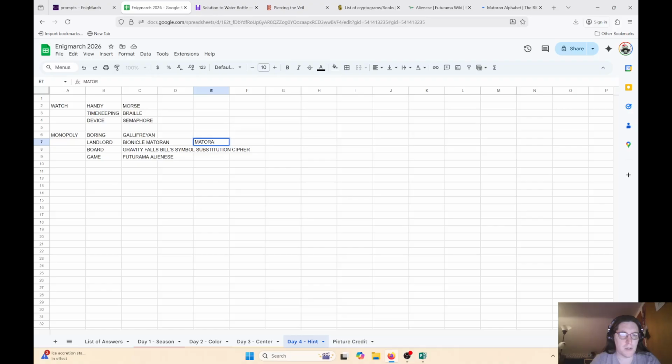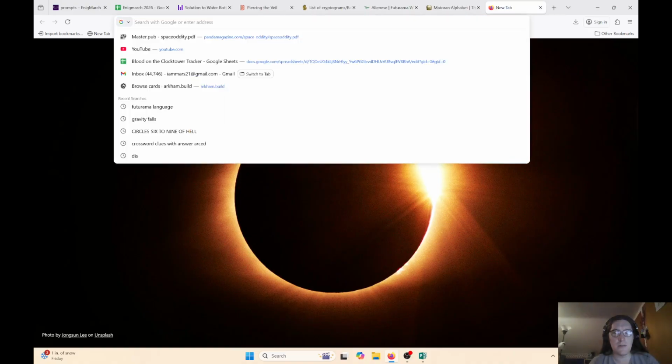Okay, so Matoran alphabet. This is Bill's substitution cipher. Alienese and Gallifreyan. I mean, I guess.